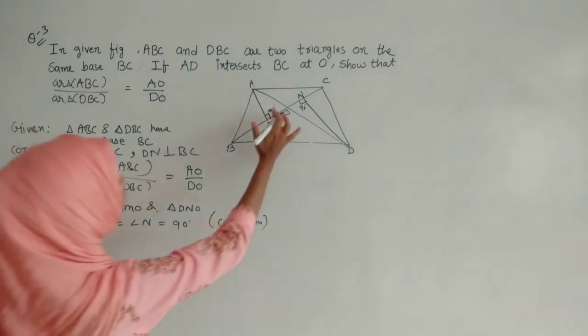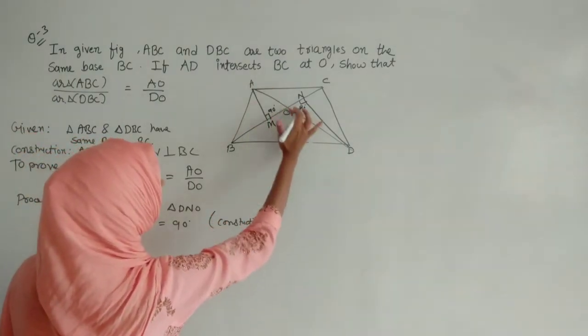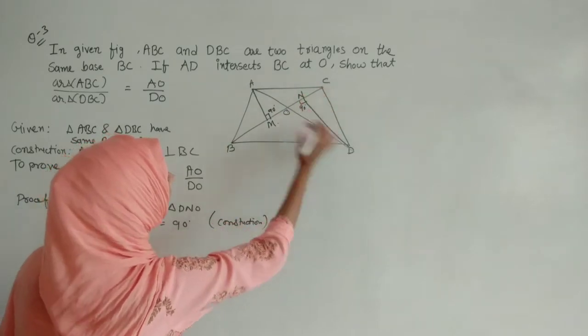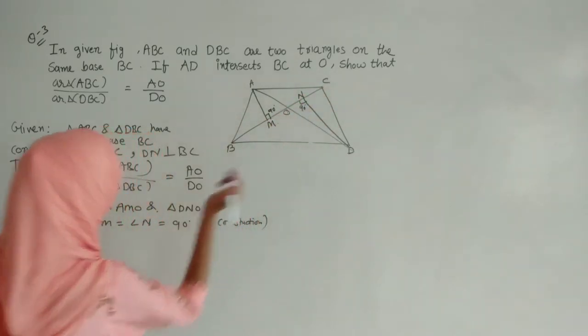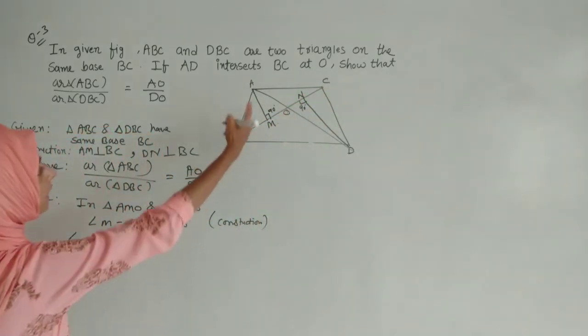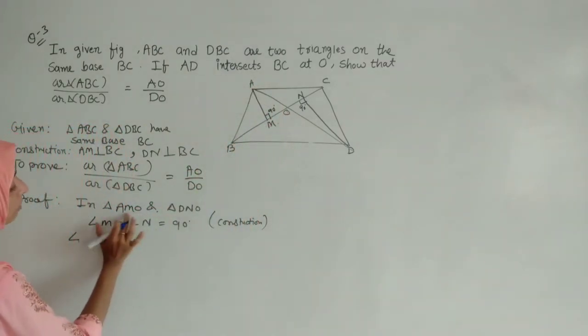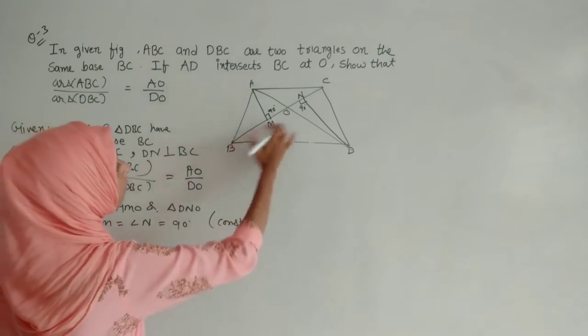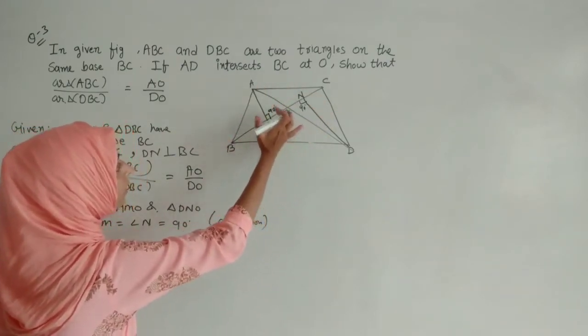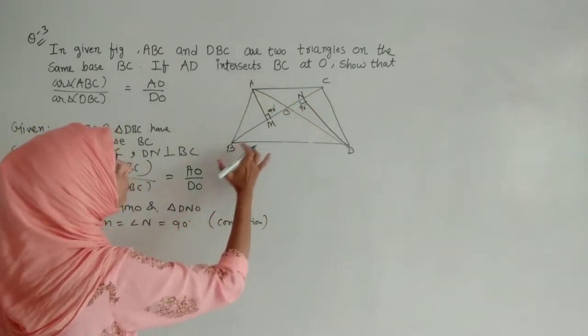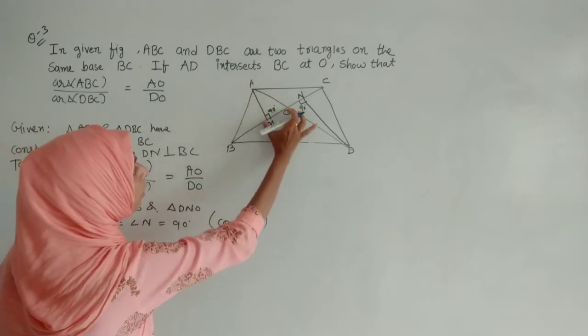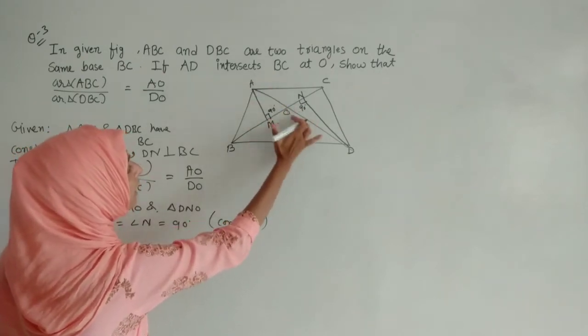Another angle we have to prove. So here is angle AOB and DOC. We will write it as vertically opposite, but the whole name of it is AOM, because we are talking about this small triangle. If we were talking about this whole large triangle, we would write it as AOB. But here we are talking about this small triangle, so we will write it as AOM.